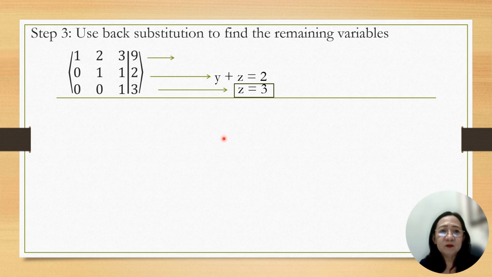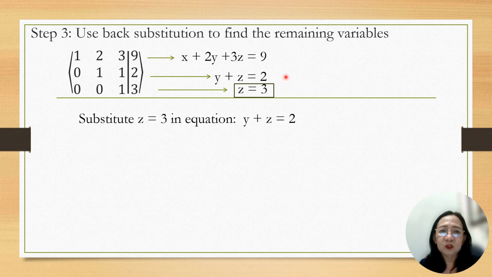And of course, from the first row, we arrive now at x plus 2y plus 3z is equal to 9. So using the back substitution, we're going to use the value of z in our second equation. So substitute 3 for z.